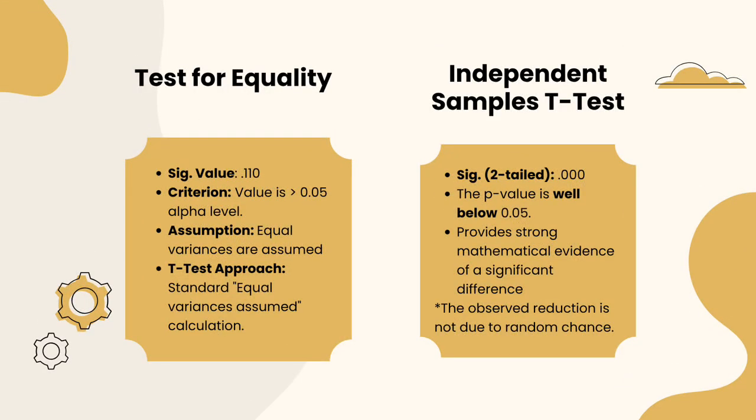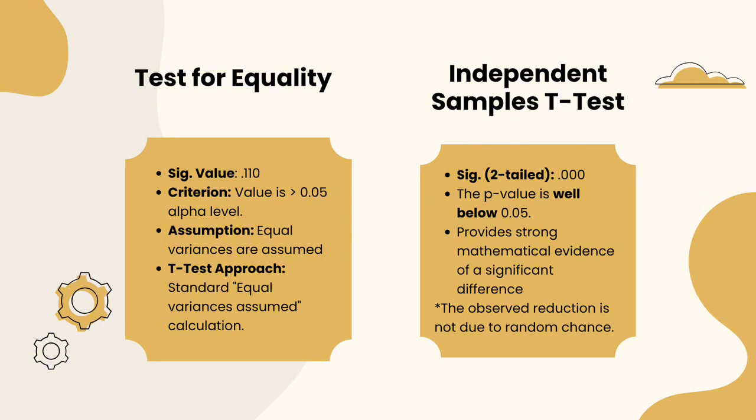To confirm if this visual difference is statistically significant, we performed an independent samples t-test using SPSS. Group statistics: the non-renewable mean is 435.0 kilowatt per hour, while the renewable mean is 340.5 kilowatt per hour. Next, Levene's test.